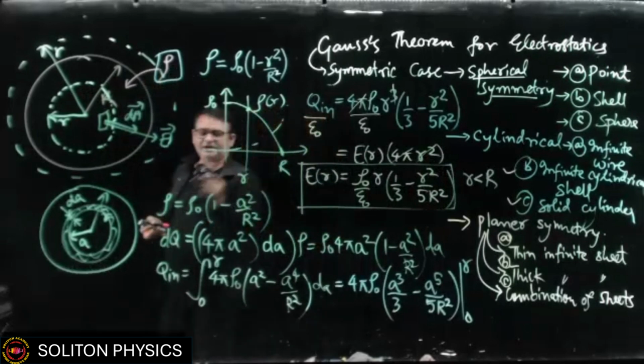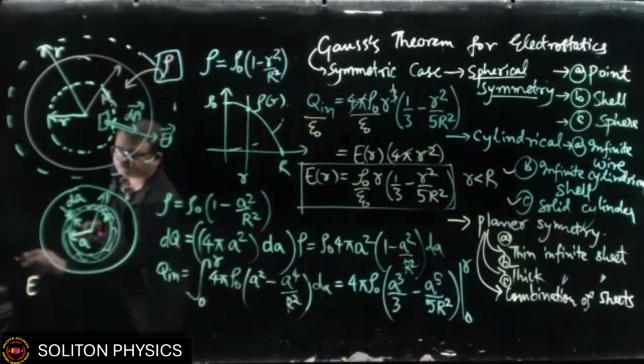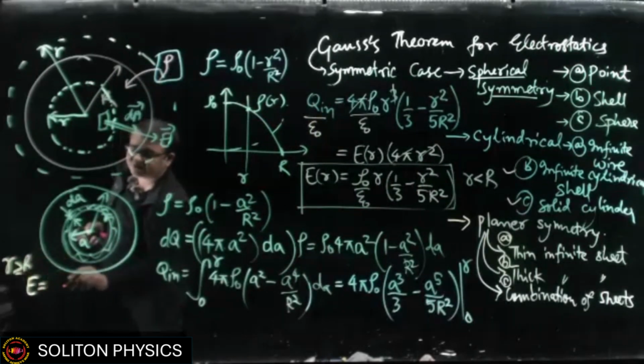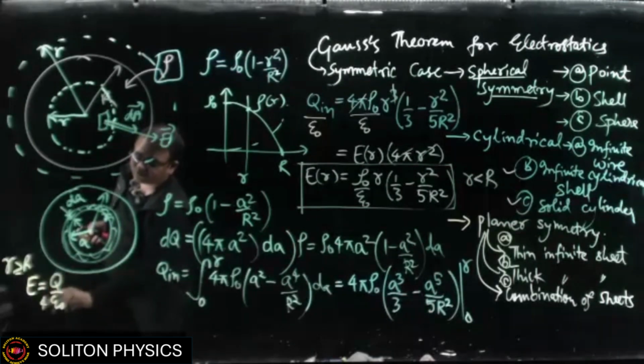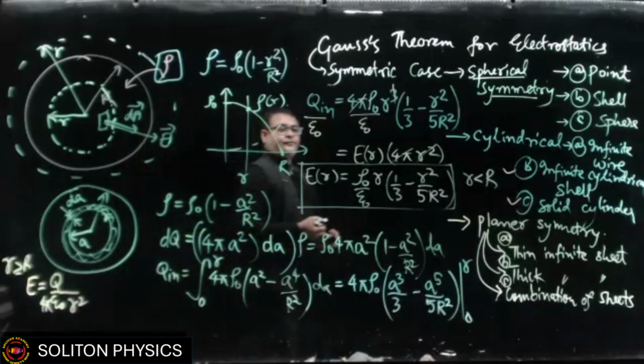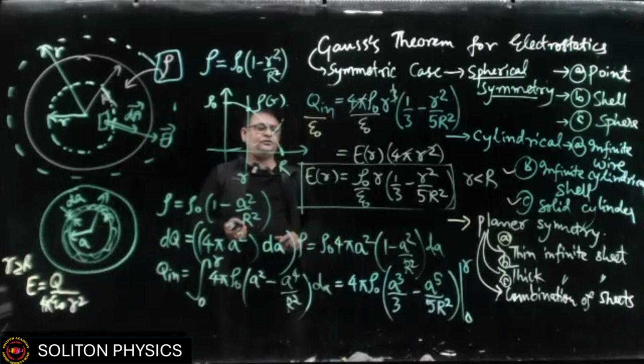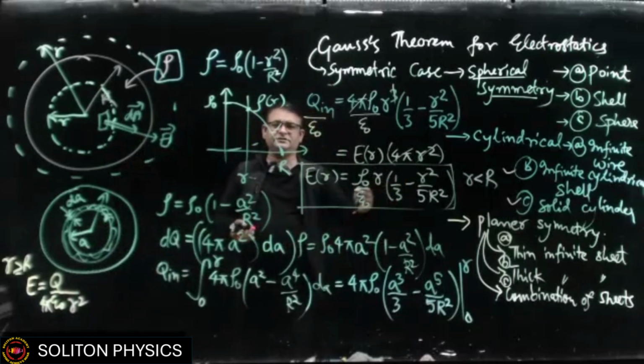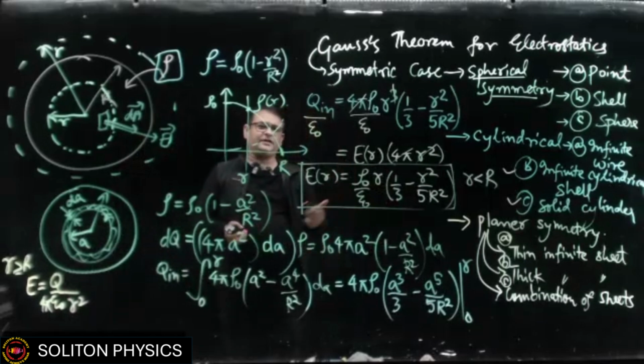As we know, for r greater than or equal to R, the field is whatever q total is, divided by epsilon naught 4 pi r square. So you can see these are two functions, and your field will be complicated. Then accordingly your potential will be complicated too.